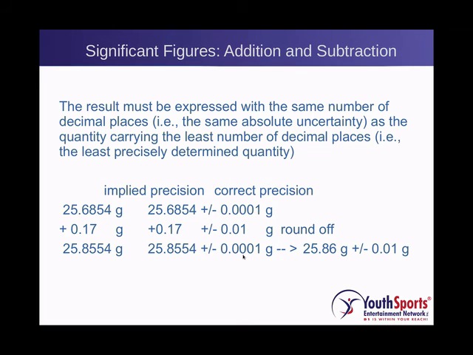To round it off to the last two digits, you make it 86 because of the 5 here. So you end up at 25.86 grams with a precision of 0.01 grams, because this is the least precise measurement you had among the numbers you were adding together.